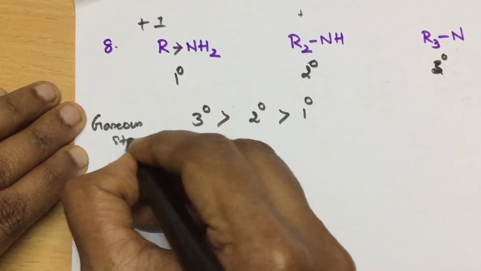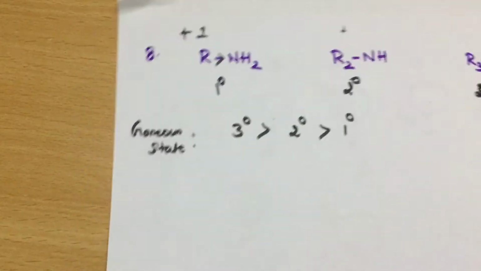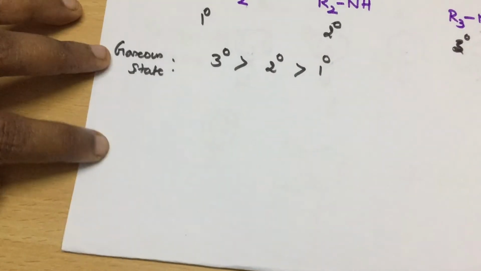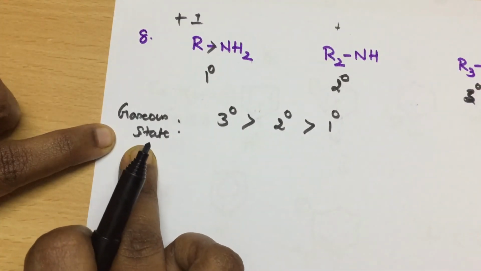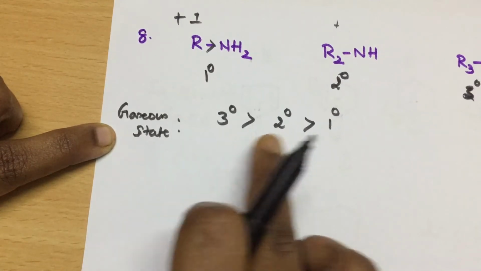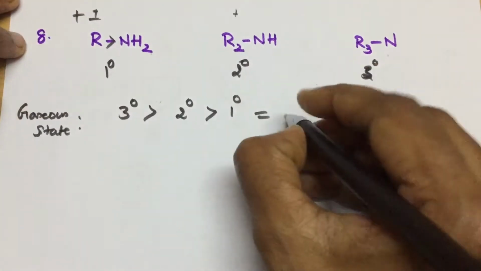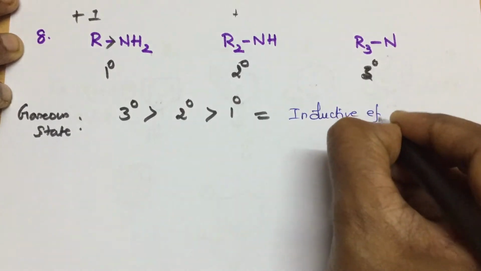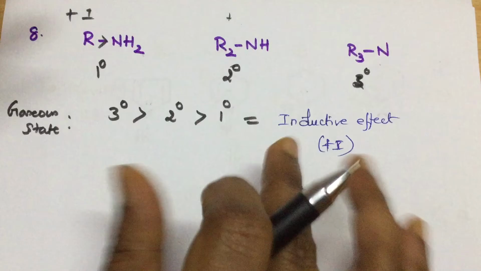See, this question they keep on asking for JEE, even for your board exams and NEET exams. Okay, so please, this is a very important question. If they ask in gaseous state what is the order of basicity, then this is right: tertiary, secondary, primary. This is purely based on inductive effect, since the alkyl groups show the plus I inductive effect.